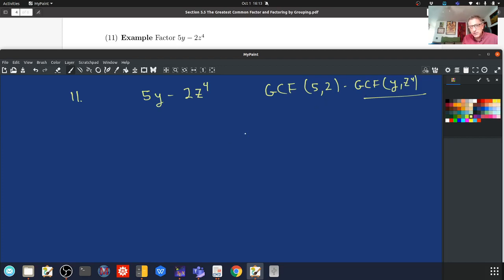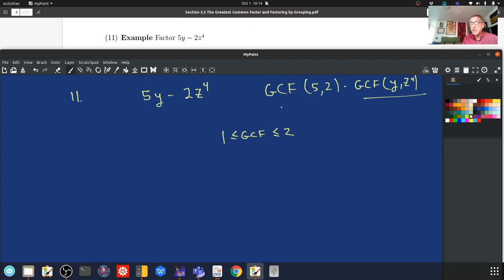And here, I know that the GCF is going to be greater than or equal to 1 and less than or equal to 2. Now 5 and 2 are both prime, so the default is it's going to be 1 unless 2 evenly divides 5.